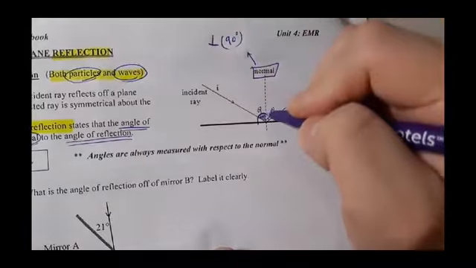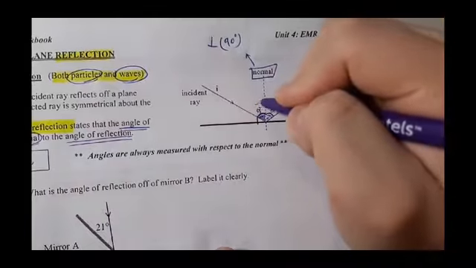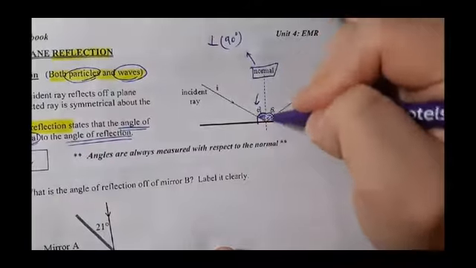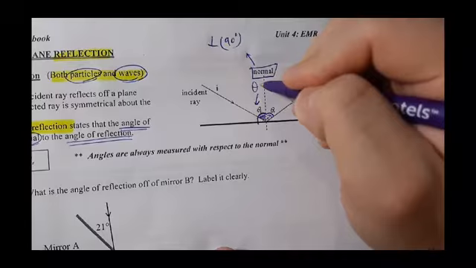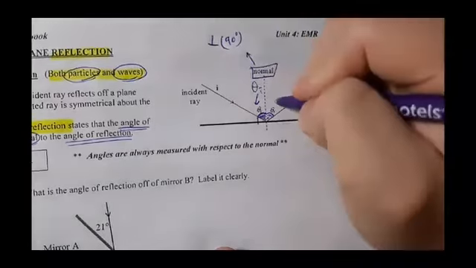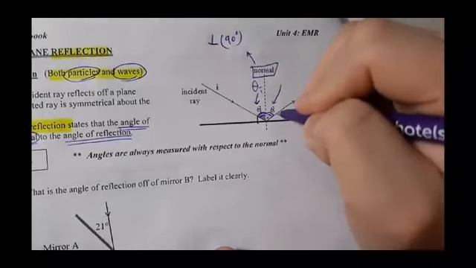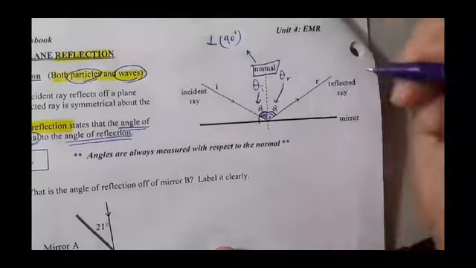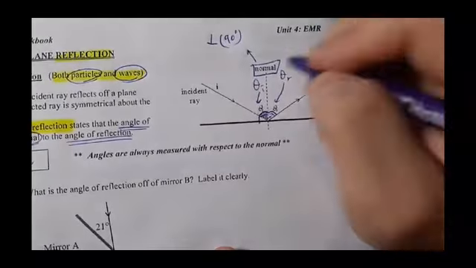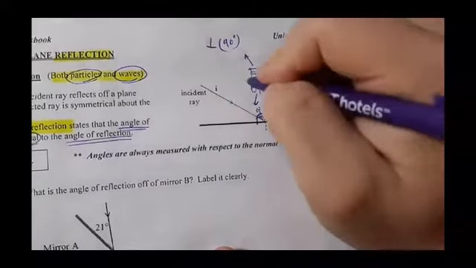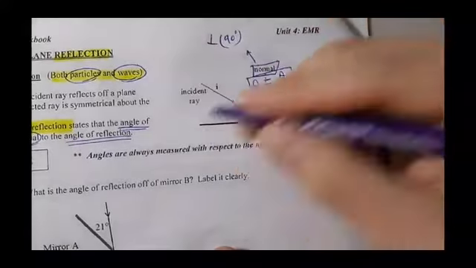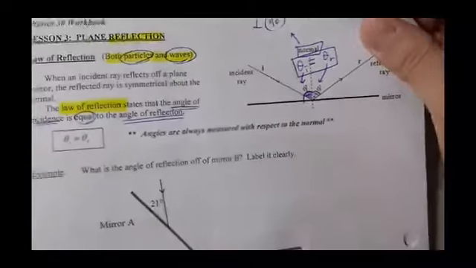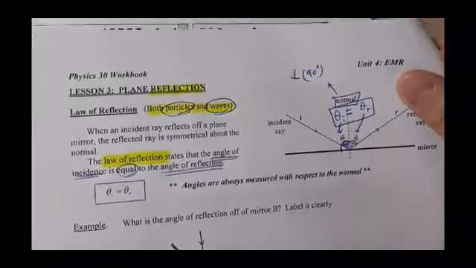However, when it comes to an angle of reflection, this angle over here, between the incident ray and normal line, we call theta I, incident angle, and similarly, mirror image to the other side, theta R, between the normal line and the reflected ray. These two are always equal, and that is what I like to say about this law of reflection. It is just a quick recalling for you, and it should be recalling for you.